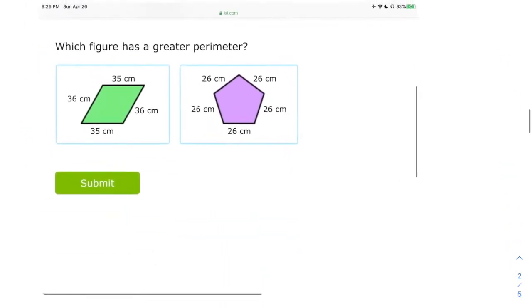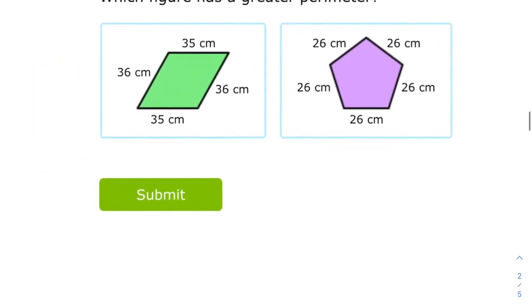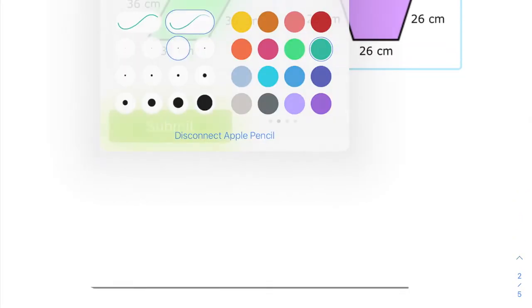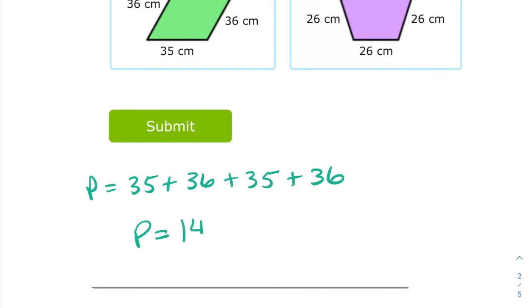Okay. Next problem, which figure has the greatest perimeter? Okay. So in this one, it looks like it's 35 and 36 and 35 and 36. So I'll leave this in green. I'll do 35 plus 36 plus 35 plus 36. So the perimeter of the one on the left is 142 centimeters.